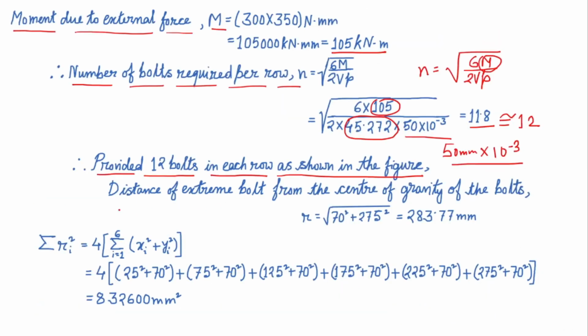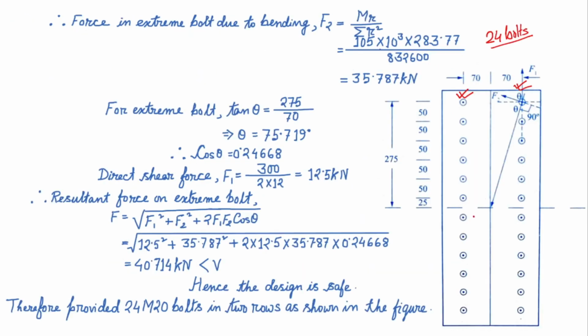Next, distance of the extreme bolt from the center of gravity of the bolts. This will be the center of gravity of these 24 bolts, only for the bolts, not for the connection.